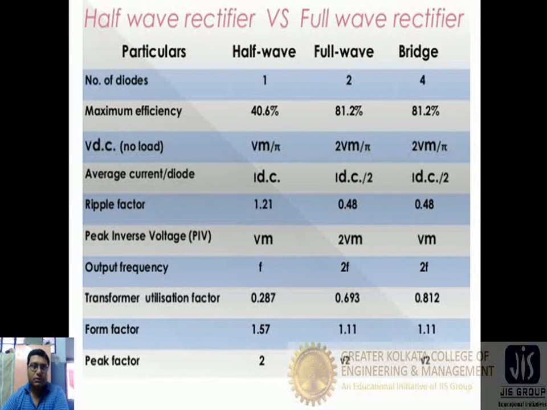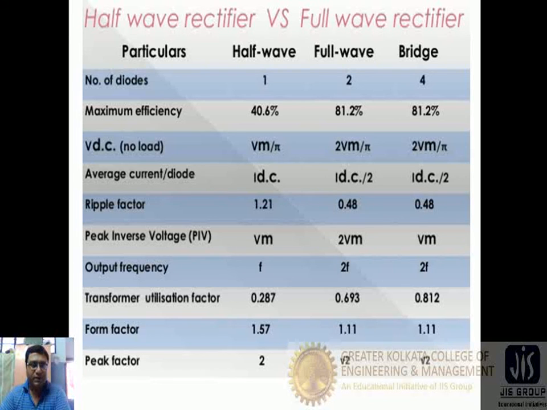So now we come to the concluding part. Now we make a comparison between these three rectifier circuits: the half wave rectifier, the full wave rectifier and the bridge rectifier.